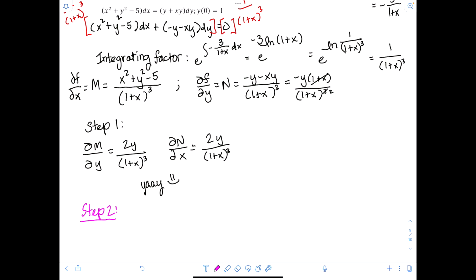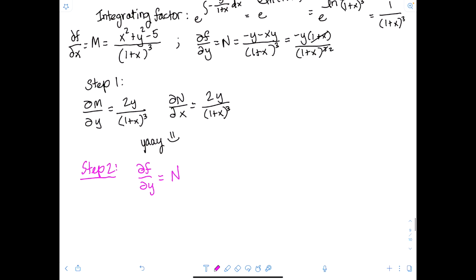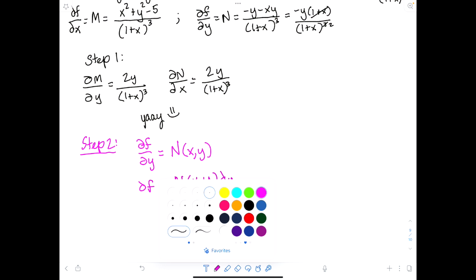Okay, so we're going to take a look at df dy, which is our n, and n is in terms of x and y this time. And so we're going to have the following. All right, perfect. And then now we're going to want to integrate.